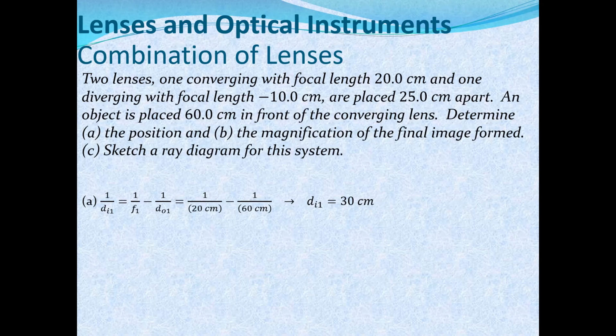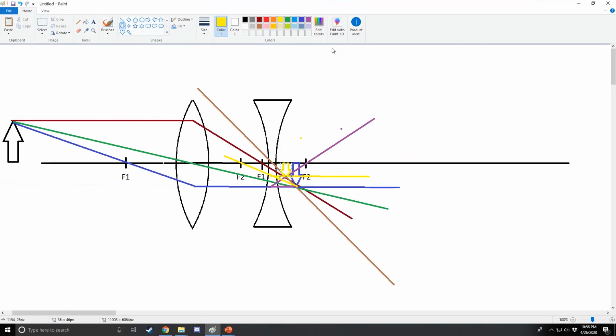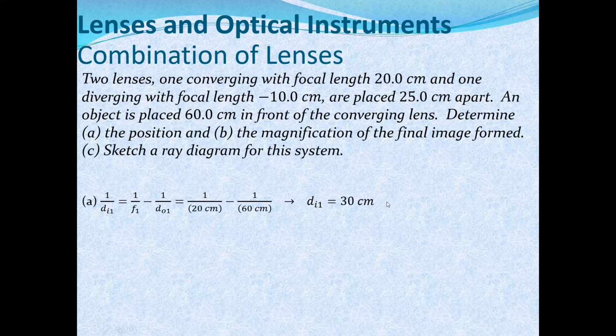Because of this, I'm going to have to make sure that I take into account the spacing. If this is 30 centimeters away from the first lens and this is 25, then my spacing is going to be 5 centimeters to the next one.